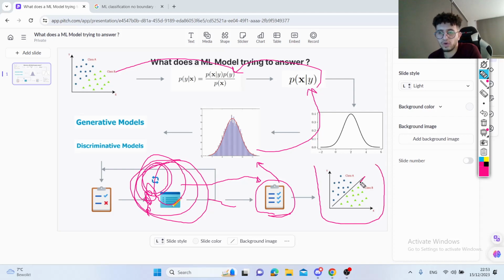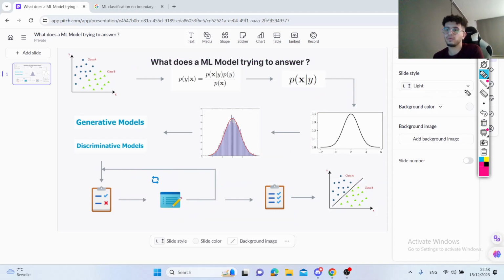We have drawn here a decision boundary, and this decision boundary classifies our data as best as possible. And now to answer the question that we first began with, which is, if we have a data point here, how do we know which class it is from? What we need to do is know the distribution, which we already know using one of these approaches.